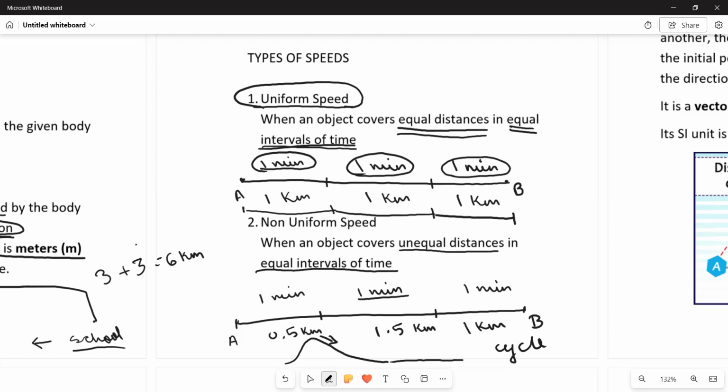So in equal intervals, 1 minute here, 1 minute here, and 1 minute here, we covered different, unequal distances. First it was 0.5 kilometers, then 1.5 kilometers, and again 1.5 kilometers. So such motion, where unequal distances are covered in equal intervals of time, we call non-uniform speed.